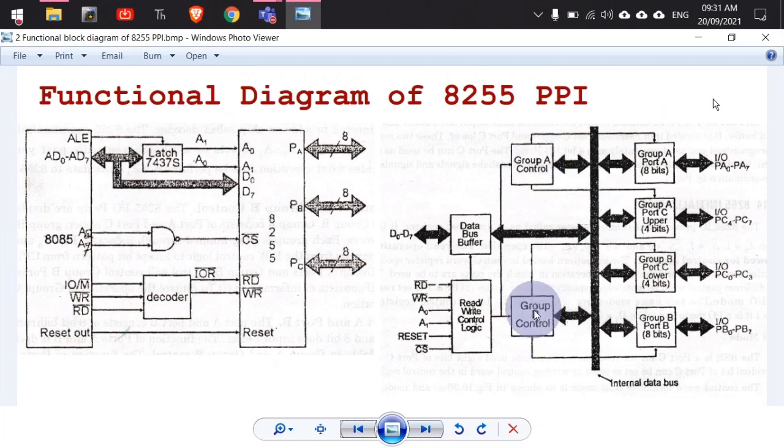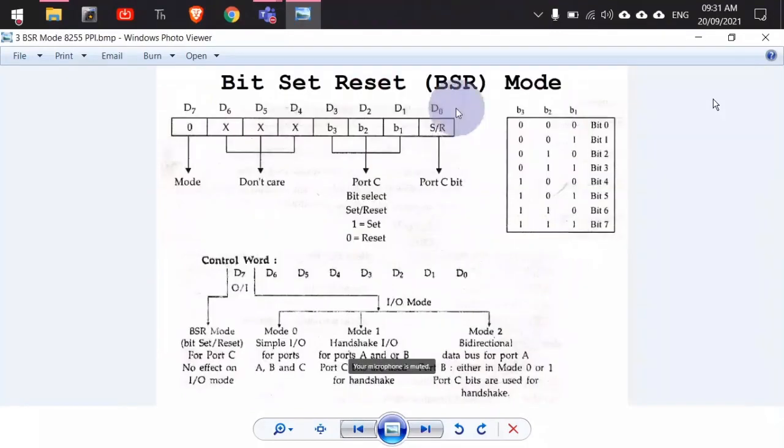This is nothing but a format of the control word register through which group A control and group B control will be derived, right? That control word register can be changed by this data bus only, and the microprocessor will write something into that control word register. That is why the notation that you see here is from D0 to D7, right? So if the first bit is 0, that means the mode that we are using is bit set reset mode, and it is applicable to only port number C, right?